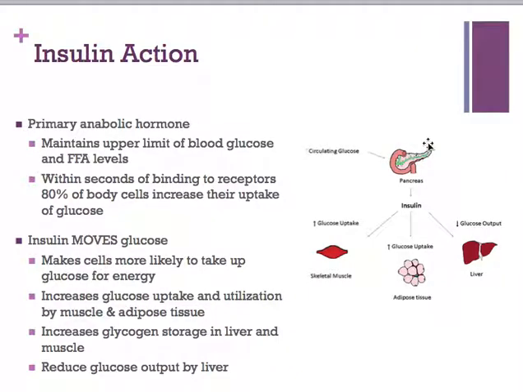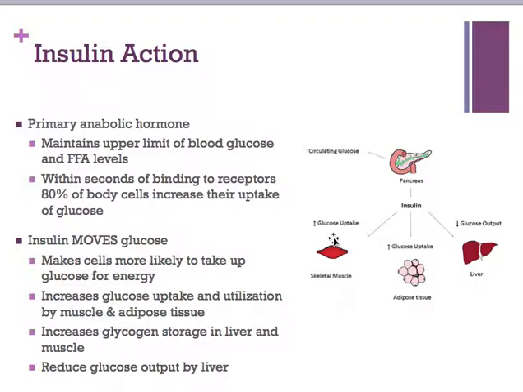However, in the rest of the body, it's primarily anabolic. It helps maintain the upper levels of blood glucose, glycemia, free fatty acid levels. And what insulin does is physically move glucose into cells. Everything that you see here on this picture, muscle, adipose tissue, liver, those are places where we can physically store glucose.